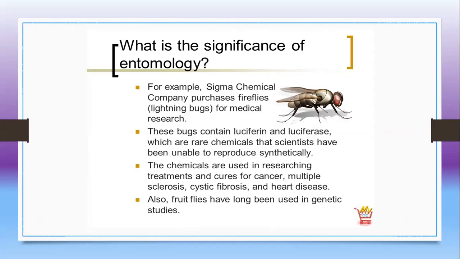Entomology is derived from the Greek word entomon, meaning notched or cut, referring to the body segments found in all insects. The study of entomology also deals with the relationship between insects and humans, food, biological diversity, pharmaceuticals, our environment, and other fields of science.